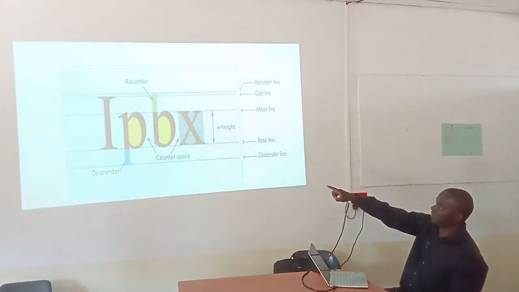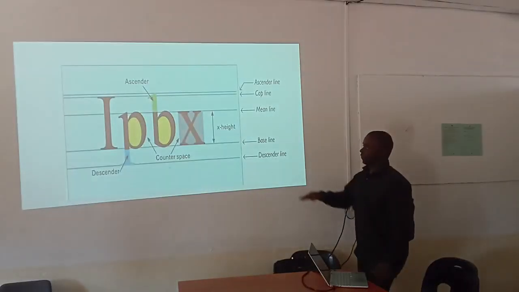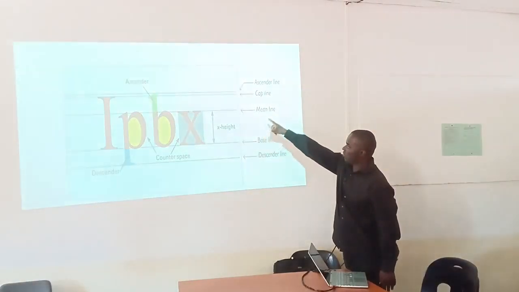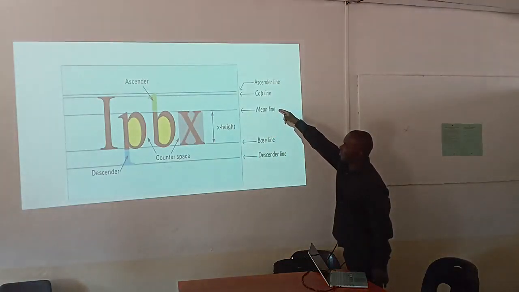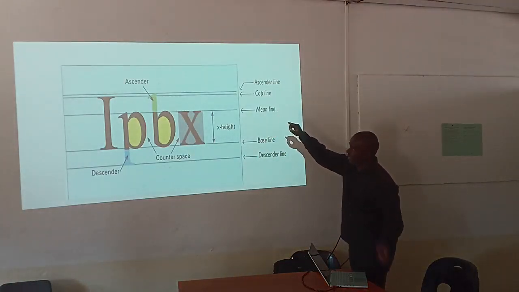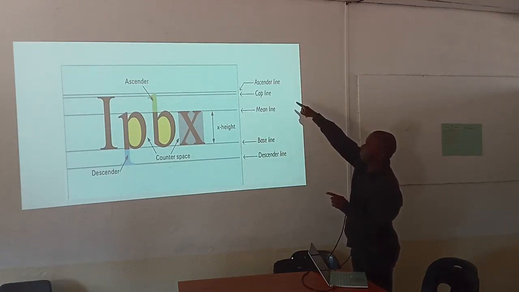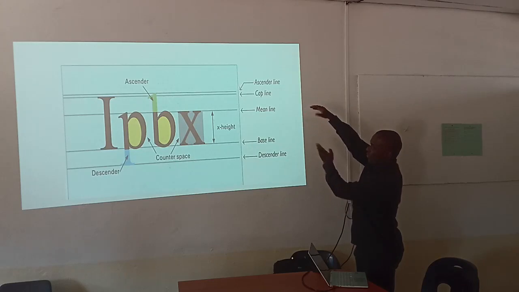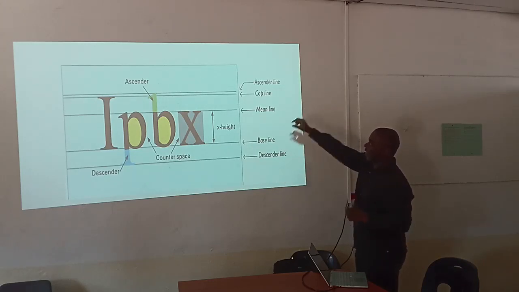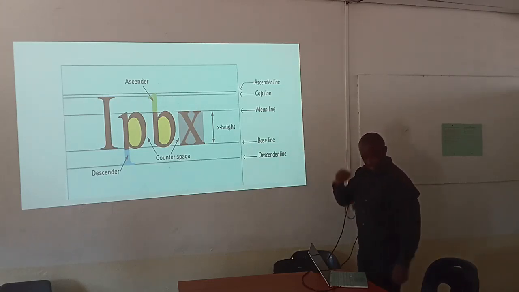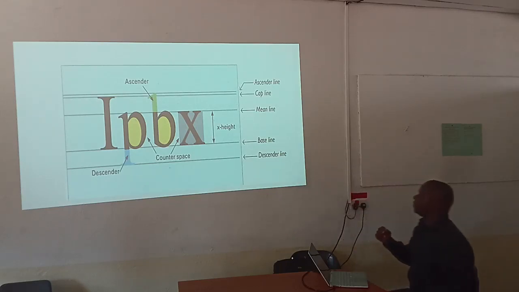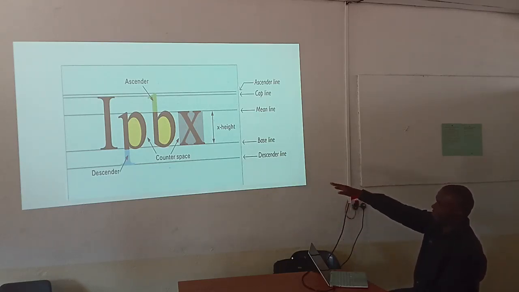Now it is measuring, you can even just see from the baseline to a midline, right? A midline is here. An ascender will start from the midline to the cap line, you see? So where the ascender is landing is what is called a cap line, or also called ascender line, right? So you see where these lines are. And the baseline, as I say, is there.